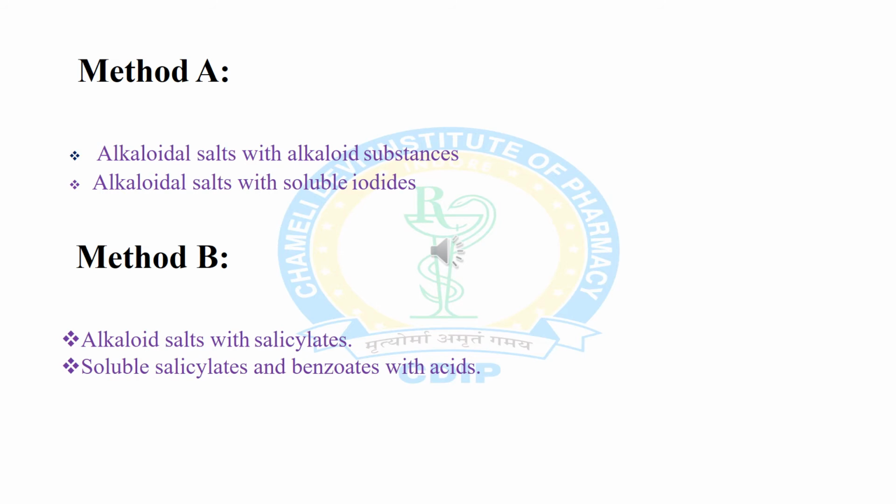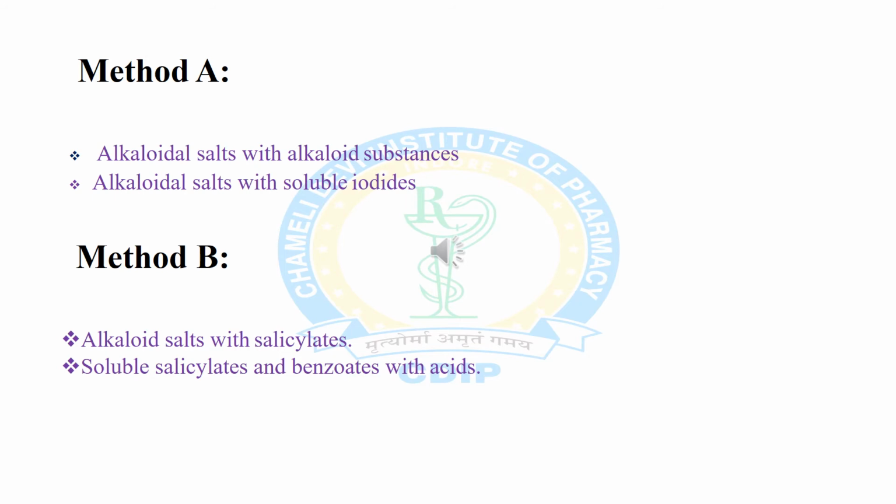So if these salts are dispensed with alkaline preparations such as strong ammonium solution, ammonium acetate, ammonium bicarbonate or aromatic spirit of ammonia, the free alkaloid may precipitate. However, they do not always precipitate because all alkaloids are slightly soluble in water, but when they do, they precipitate as diffusible solid. So method A is used for rectification of this type of incompatibility.